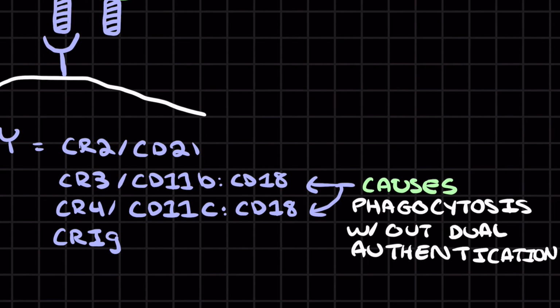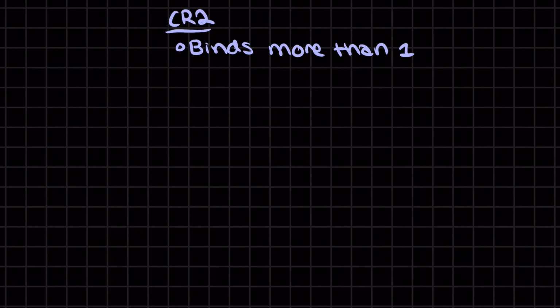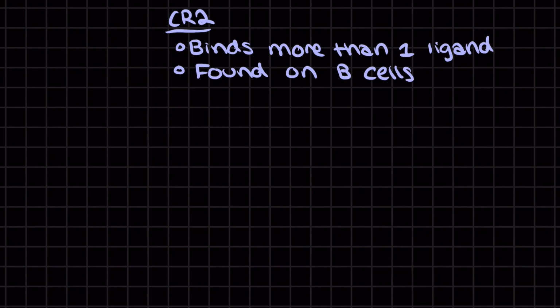CR2 is a little more interesting, so I'm going to make some space for it on the side, because CR2 binds more than one ligand, and its location is also somewhat interesting. It's found on B cells, and B cells are the primary producers of antibodies.